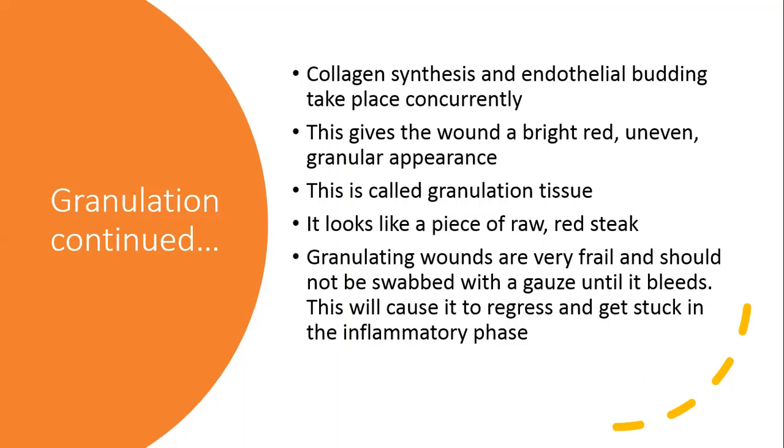If we have tissue that's bleeding very easily when we clean it, and it's not granulation tissue, we will think it is infected. Okay, but granulation tissue is a very frail tissue that has a bright red, uneven granular appearance. And the granular appearance is due to the endothelial budding. And this budding is the new capillaries that are forming to supply blood to the wound bed. And that tissue is called granulation tissue.